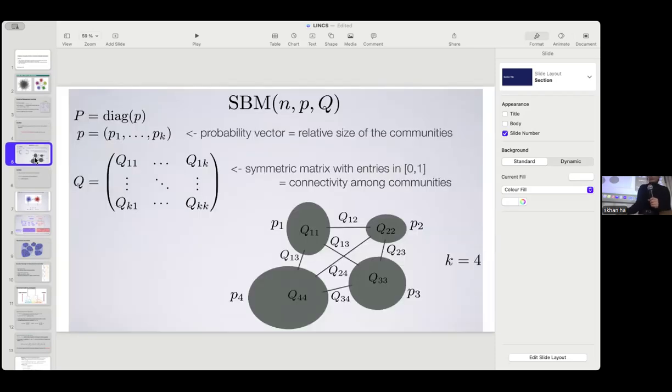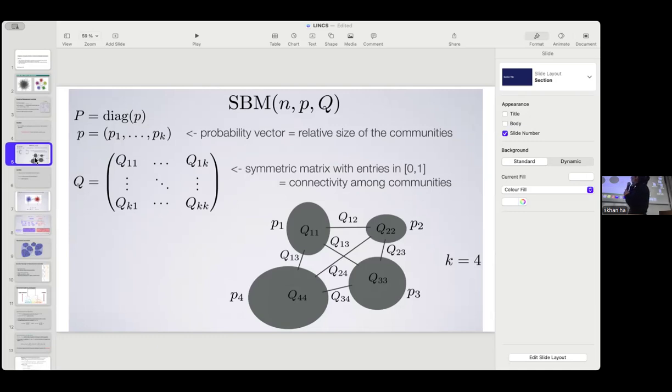The stochastic block model has three parameters, N, P, and Q. N is the number of nodes that we have. P is the relative size of the communities, related to the number of nodes in each community. K is the number of communities. For example, here we have 4 communities.